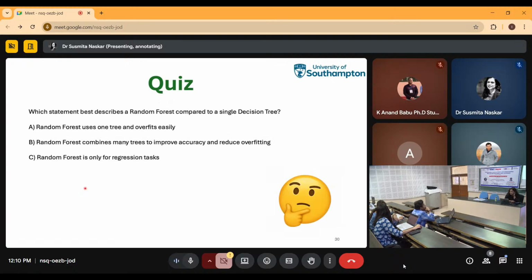And which statement describes the random forest compared to a single decision tree? Random forest uses one tree and overfits easily. Random forest combines many trees to improve accuracy and reduce overfitting. Or random forest is only for the regression task. Which one is the correct answer?